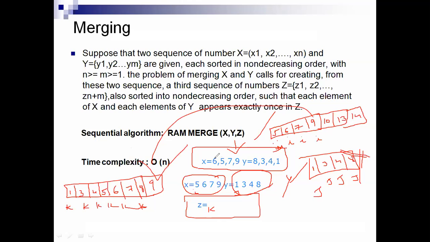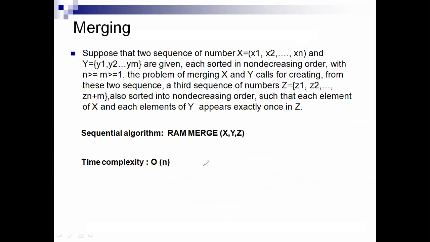So how do we calculate the efficiency for the merge sort? For example, we are assuming that n is a power of 2.